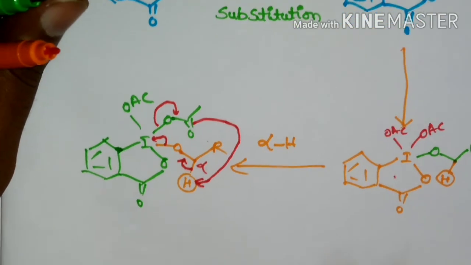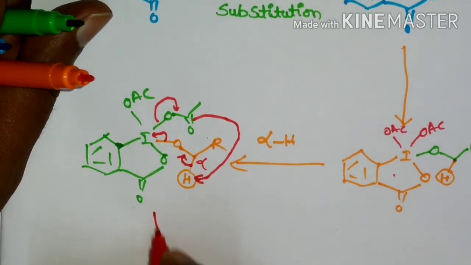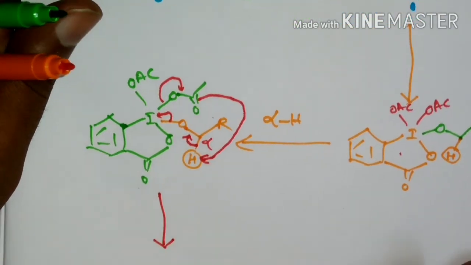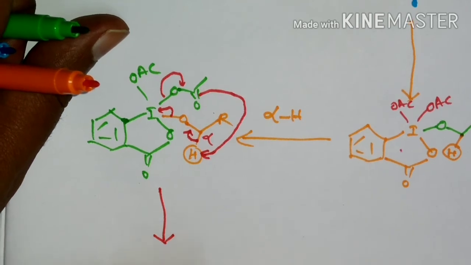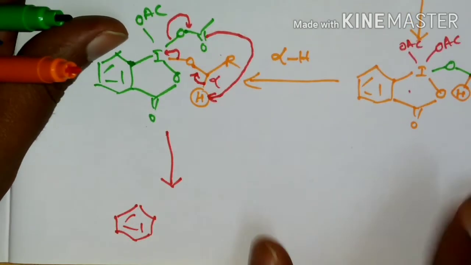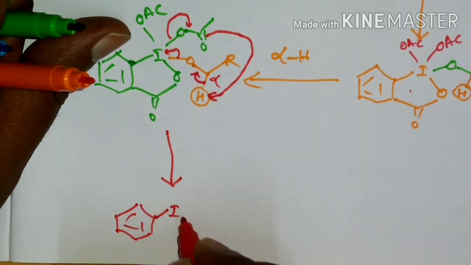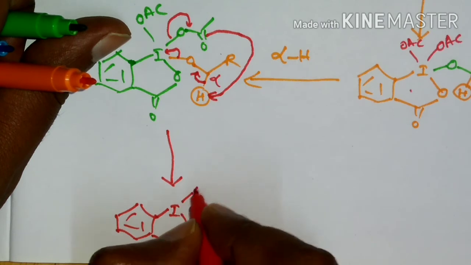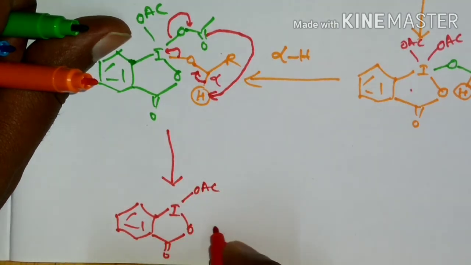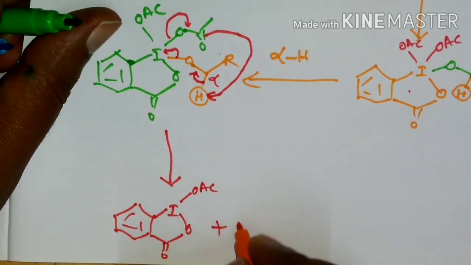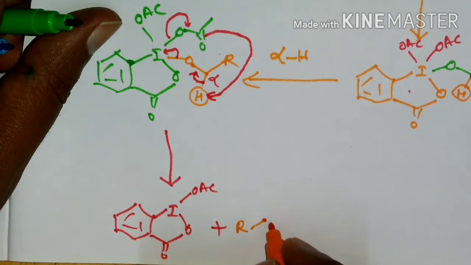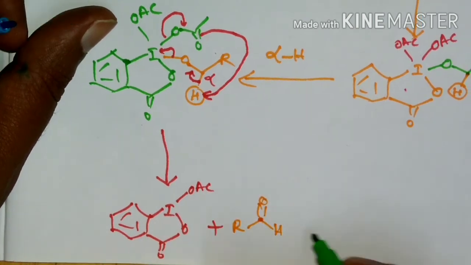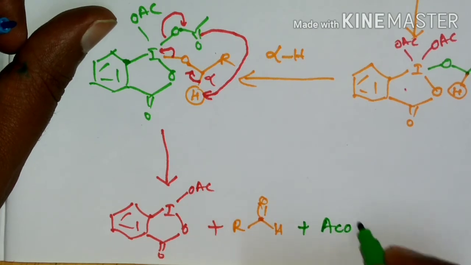What we are going to get finally is iodinane, that is OAc, plus formation of a carbonyl group plus acetic acid.